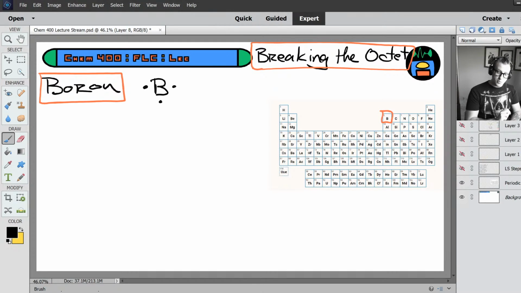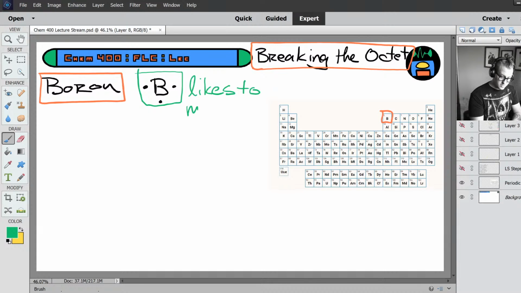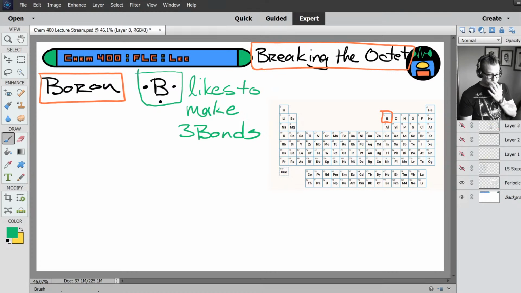Anyways, so boron has 3 dots, which is 3 unpaired electrons, which tells us that it likes to make 3 bonds, right? 3 unpaired electrons means it likes to make 3 bonds.